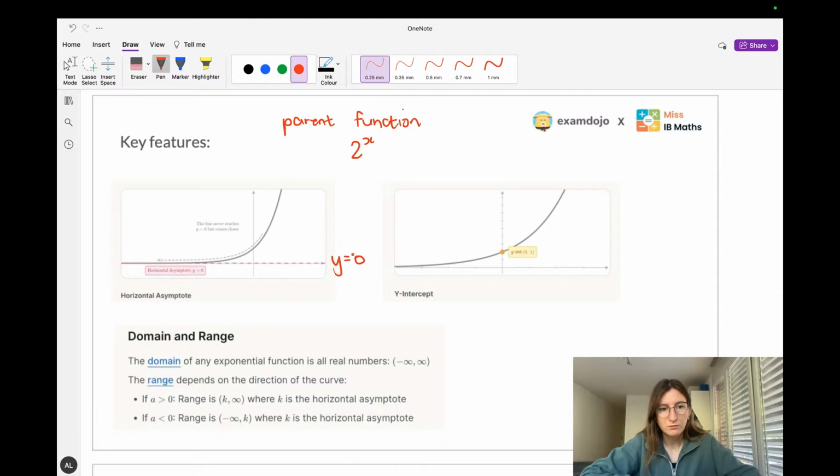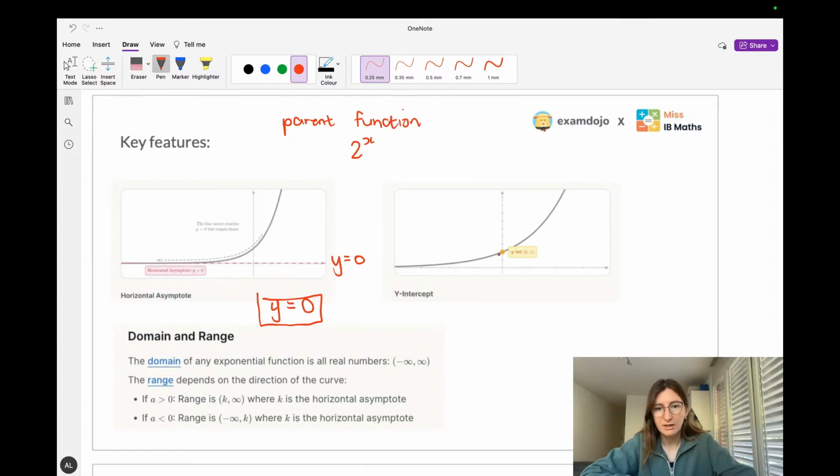And important to note when they ask in the exam for what is the equation of the asymptote, it is very important that you don't just write 0. 0 will get 0 marks. You have to write the equation. This goes for all asymptotes. They will always say, what is the equation of the asymptote? And you must write y equals 0 or x equals 0 if it's a vertical one. But for our exponential functions, we have horizontal asymptotes only.